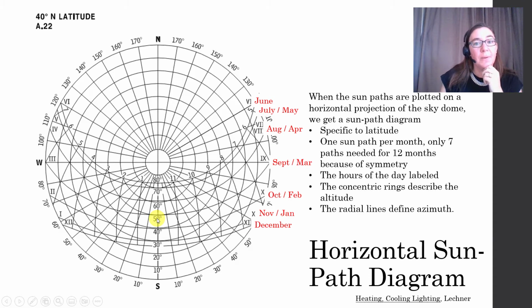Let's try another one, and let's say we want to know the location of the sun at 3 p.m. in June. So we find the line for June, we come along here to 3 p.m. in the afternoon, very hot afternoon. And first let's find the elevation or the altitude.